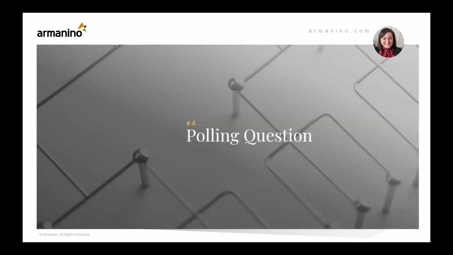Okay, and this takes us to our 4th polling question. The new variance reports will automatically populate my reports list in the reports center. Is that true or is that false? And again, we will give 45 seconds so that everybody has a chance to answer.